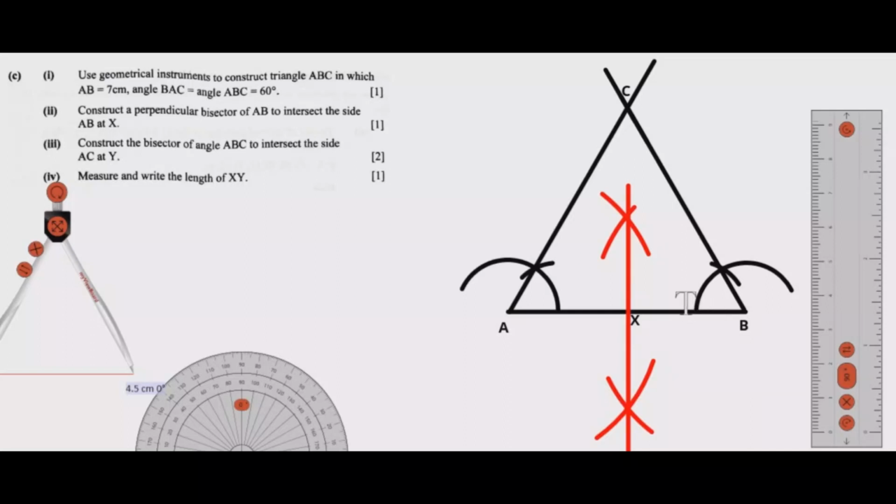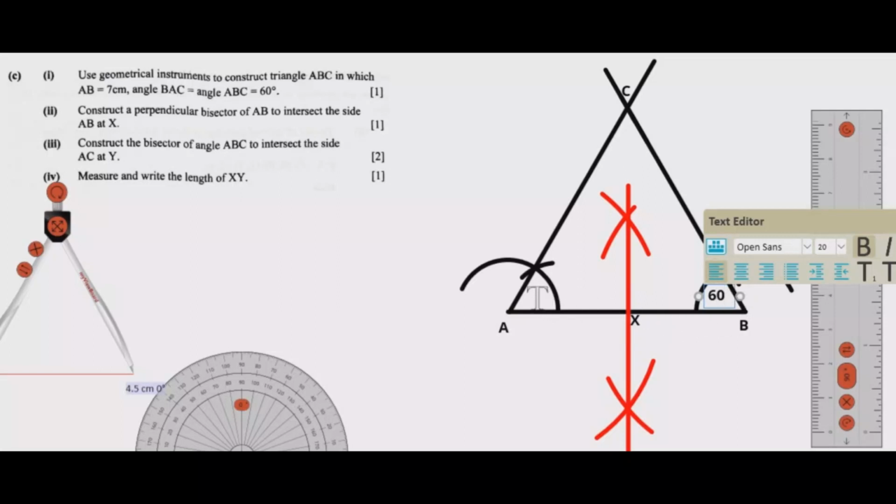So what we're going to do now is construct the bisector, meaning we're going to divide this angle into 2. You and me, we remember that the angle we have constructed is 60 degrees.